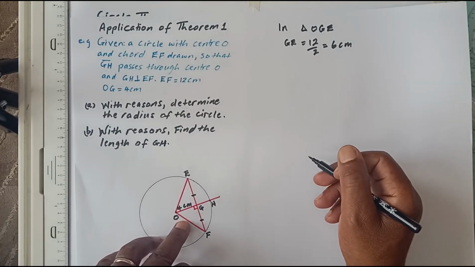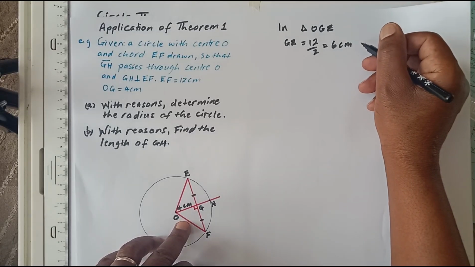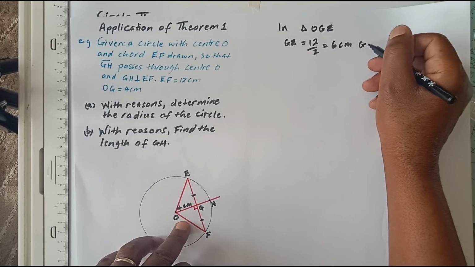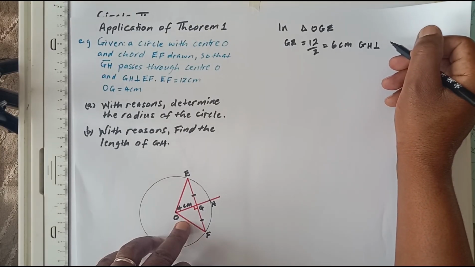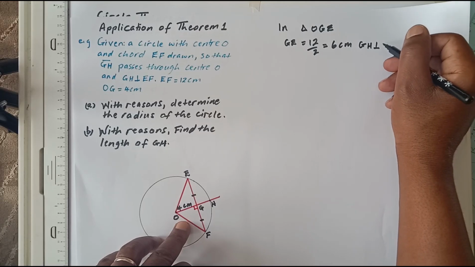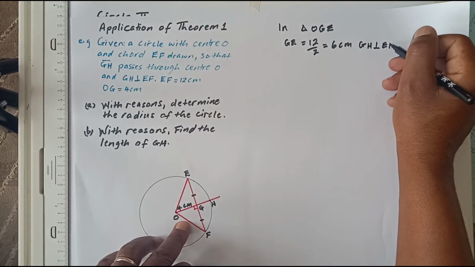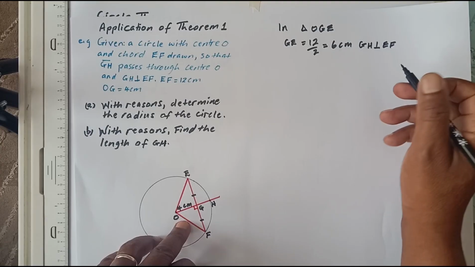What is the reason? We can say GH is perpendicular to EF is the reason. So that's the reason there.